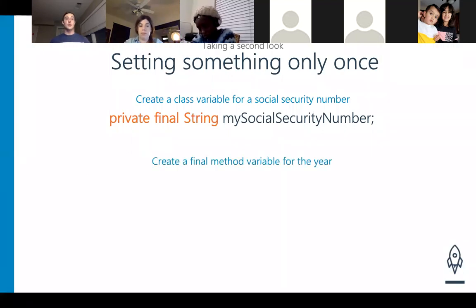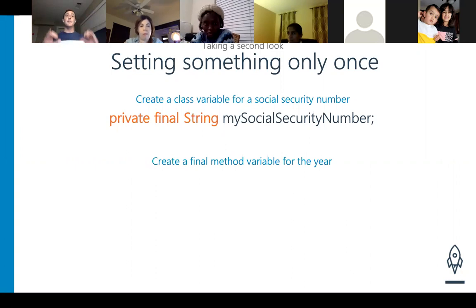One more: if we create a final method variable, that's a variable within a method, for the year, how do we do that? What would we start with? A final method variable. What's the keyword that we start with? Public static. So if it's a final method variable, it won't ever have a public or private accessor because it's within a method.